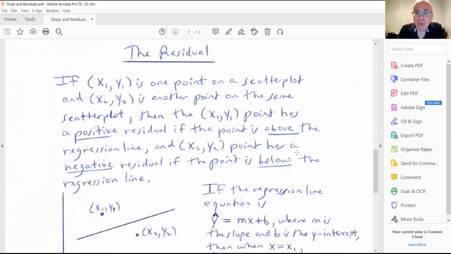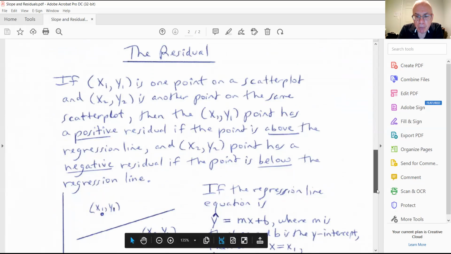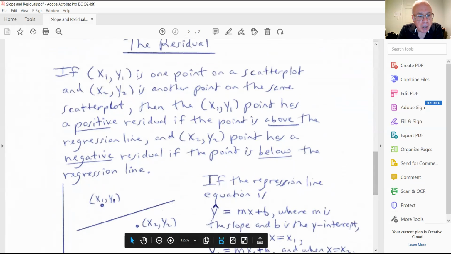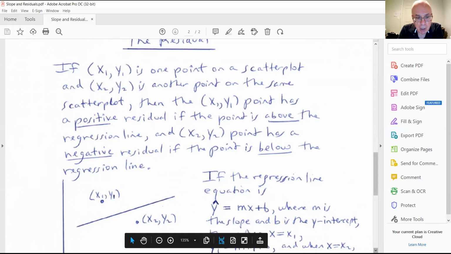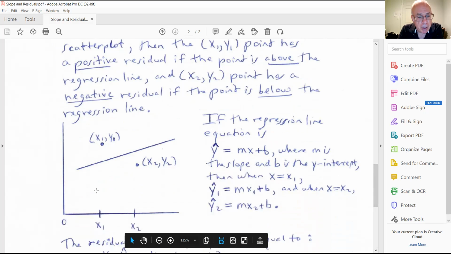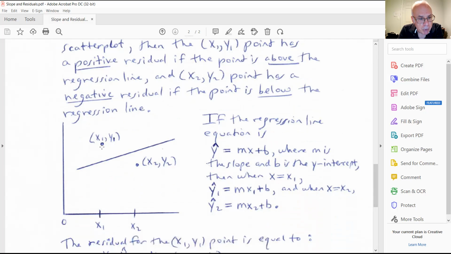And what we notice is that if a point is actually above the line, then it will have a positive residual. That's because of its height. You look at this example here. If you look at when x is equal to x1 here, notice that the observed height is higher for the point than for the line, right?